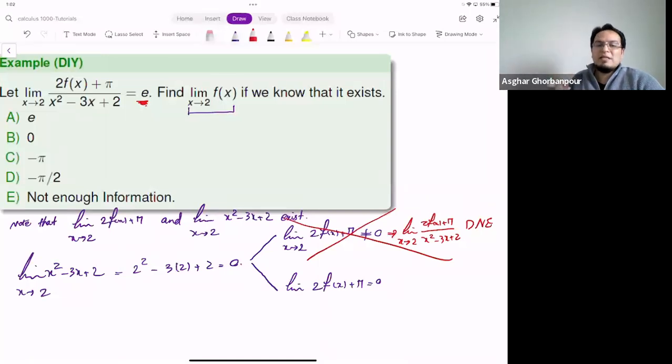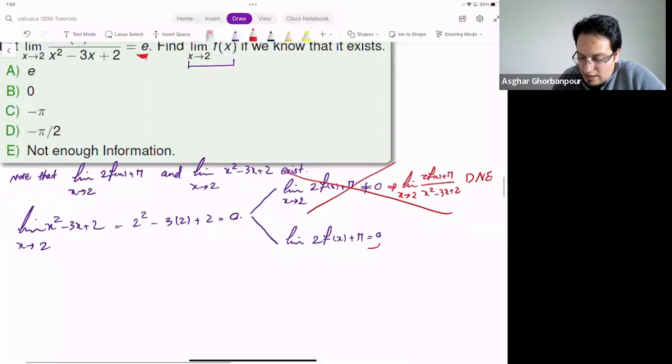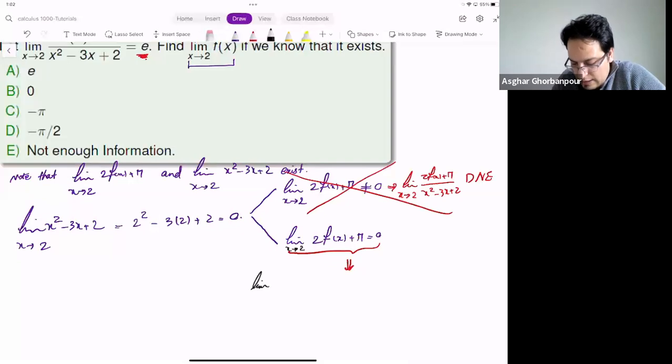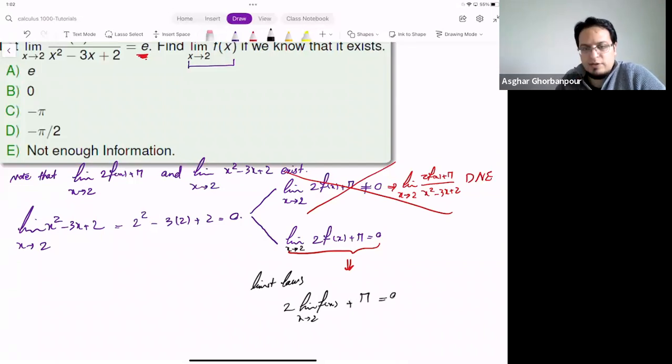Definitely, the limit of the numerator must be equal to 0 so that we get into the 0/0 case, an indeterminate form. And then someone has resolved it in some ways and found the value of that. But this is now enough for us. Just by knowing that the only possible scenario here is that the limit of the numerator is 0, I can go ahead and apply limit laws and get 2 times the limit of f(x) as x goes to 2, plus pi, must be equal to 0.